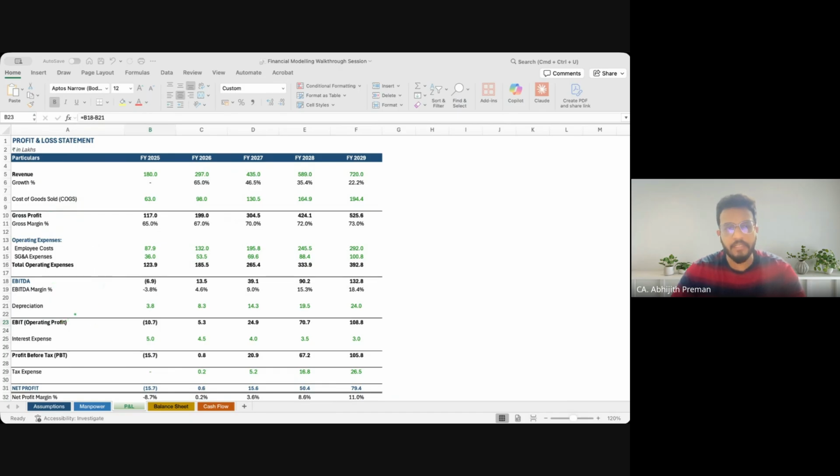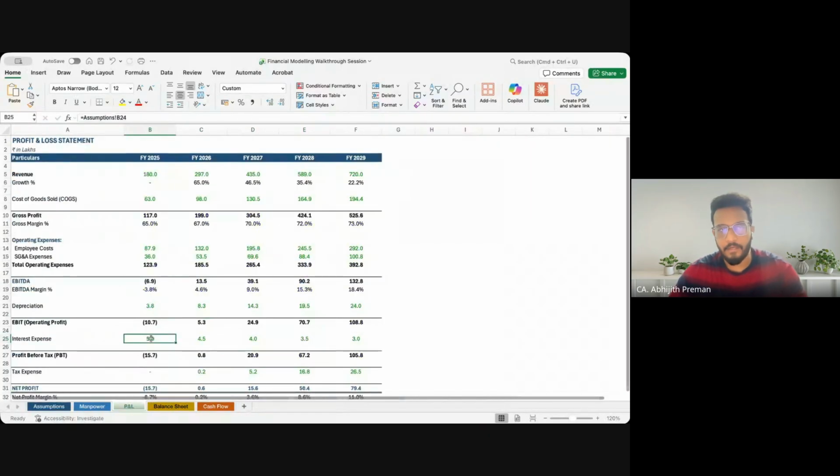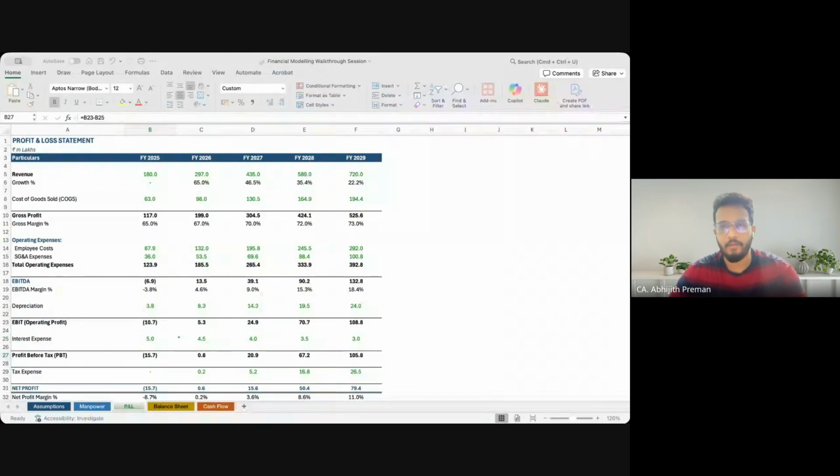After that, the interest expense is shown. For interest, we have taken the assumption as 10% on the outstanding debt. In the first sheet itself, I have shown the interest amount also. If you see here, it is 5, 4.5, 4, 3.53, and that is linked to here. After that, we have PBT, profit before tax.